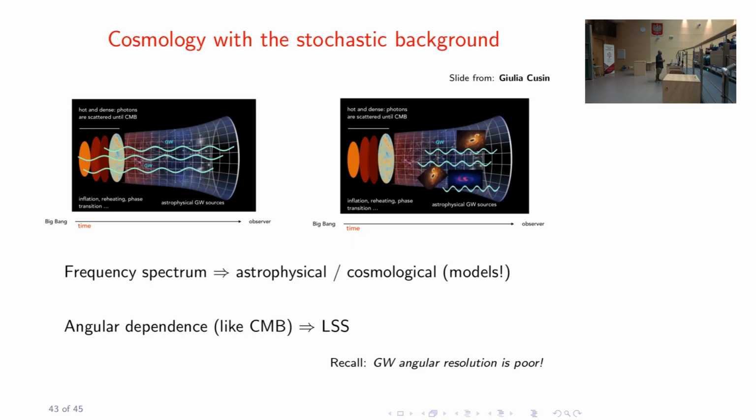So we'll definitely put stronger bounds or maybe detect some of these exotic systems. And finally, just like we do with the CMB, with the angular dependence, we will be able to probe the large-scale structure, of course with the caveat that our angular resolution is intrinsically poor.